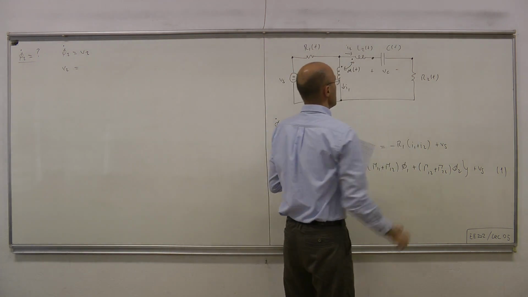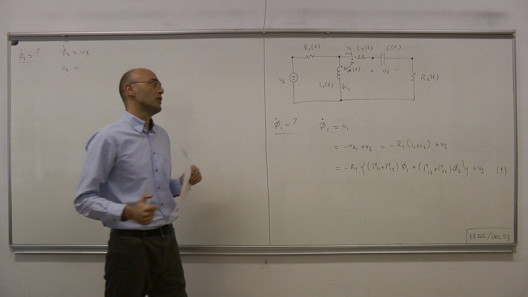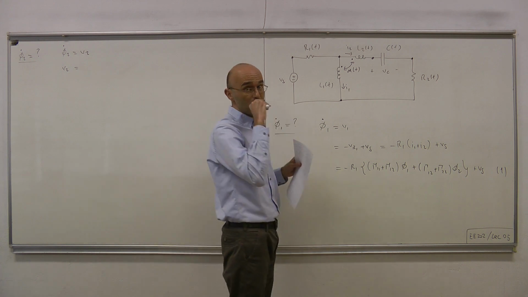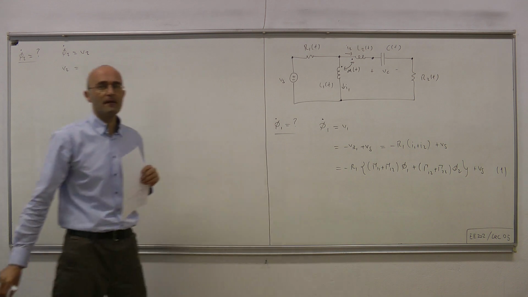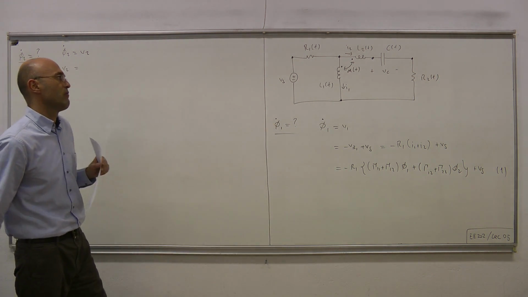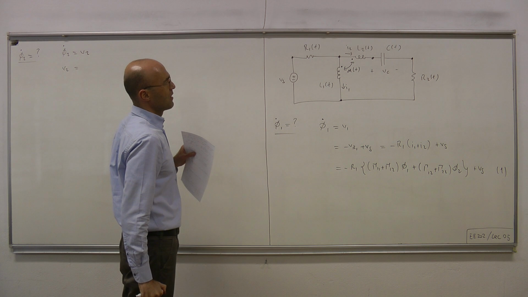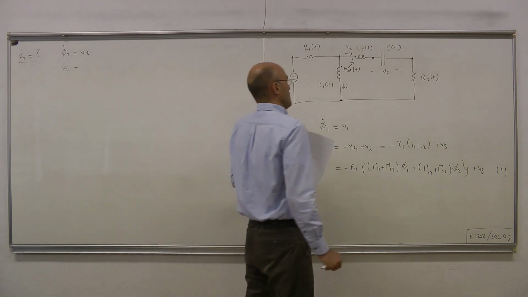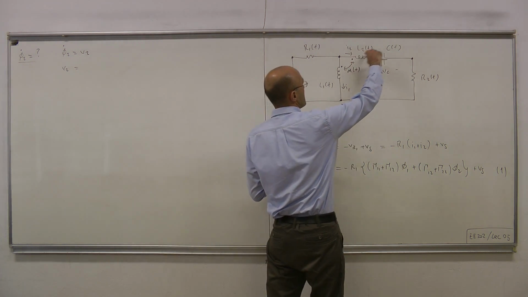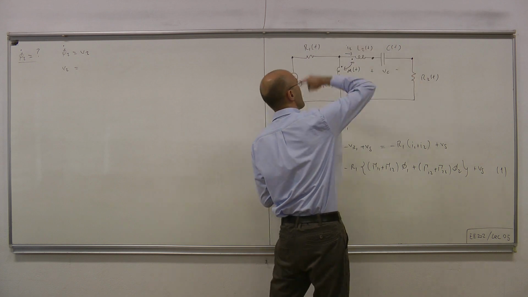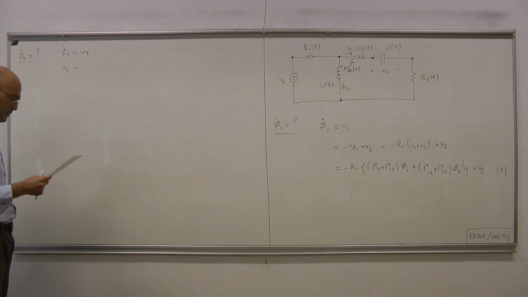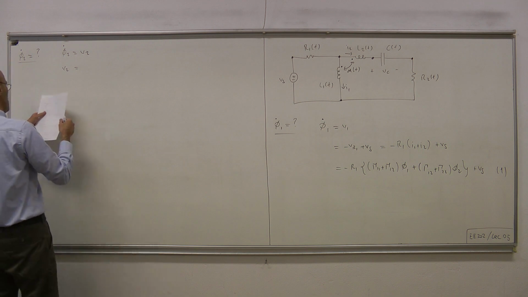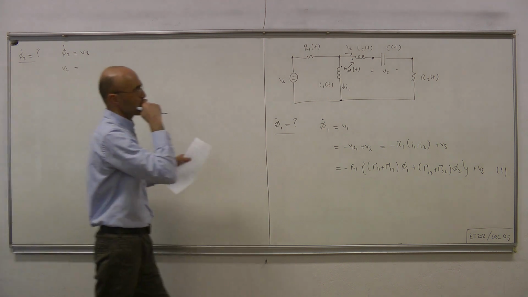Writing again the KVL equation on the fundamental loop defined by this coil-free branch, corresponding to the second coil of our coupled inductors. We would have that the sum of all these voltages that appear on the outer mesh must sum to 0. And what are all those voltages?